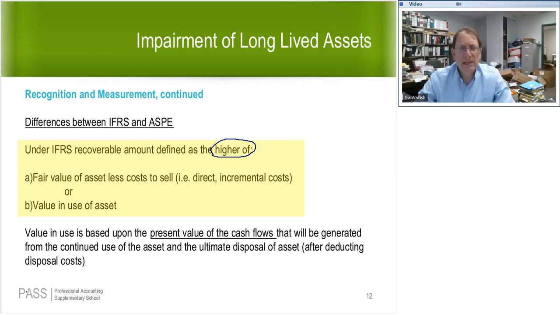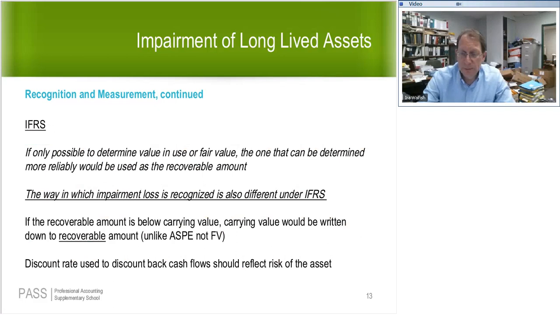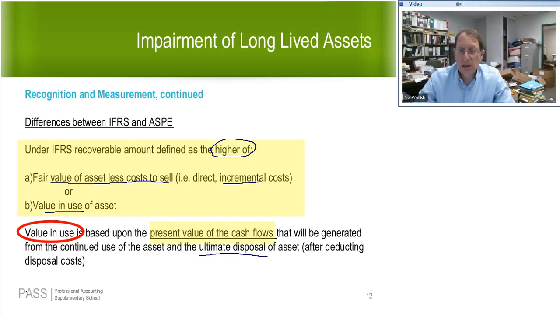What are the costs to sell? The incremental costs. Or the value in use. Well, what the heck is the value in use? The value in use is the present value of the cash flows plus the disposal, minus deducting disposal costs.